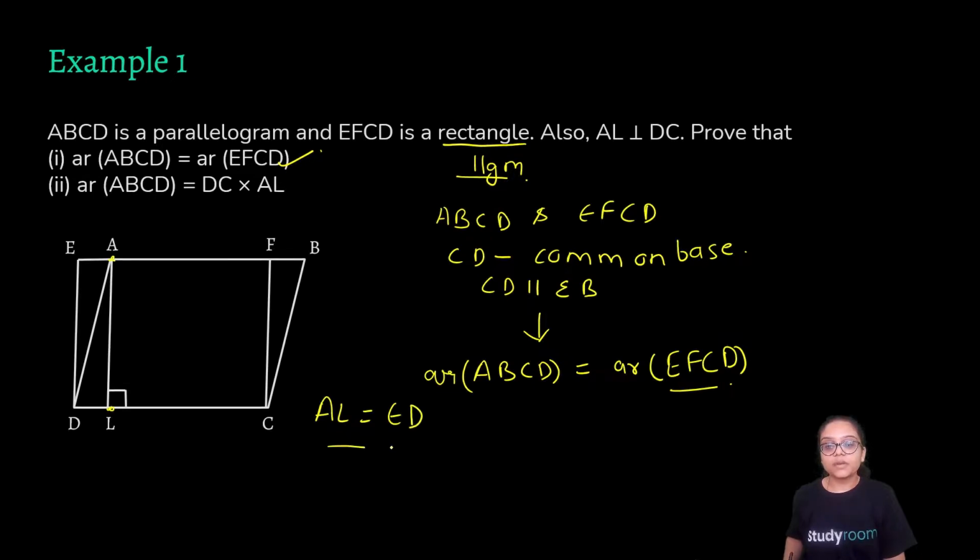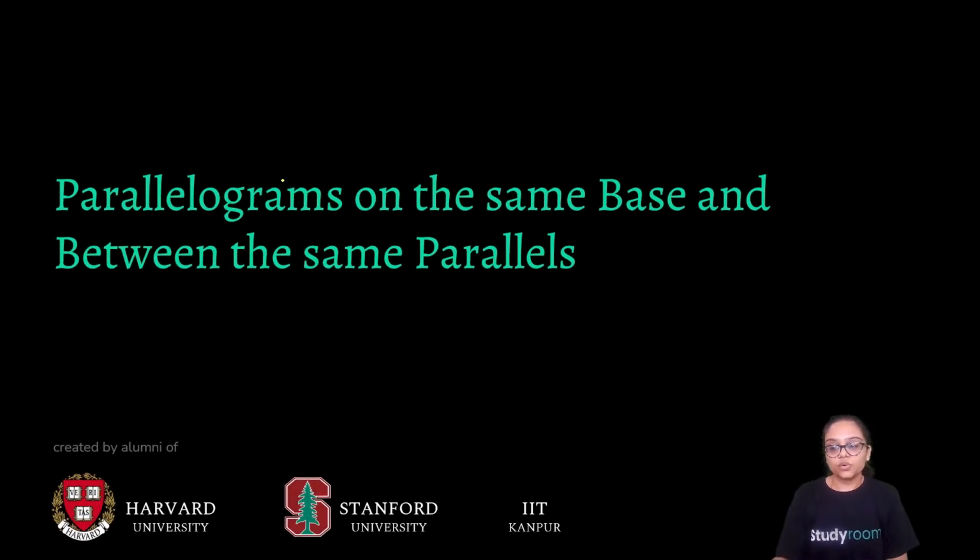Correct? So the area of rectangle EFCD would be ED into DC, and we can replace ED with AL. So area of rectangle EFCD would be DC into AL, and since we know that both areas are equal, area of ABCD is also equal to DC into AL. Hence proved. Correct?